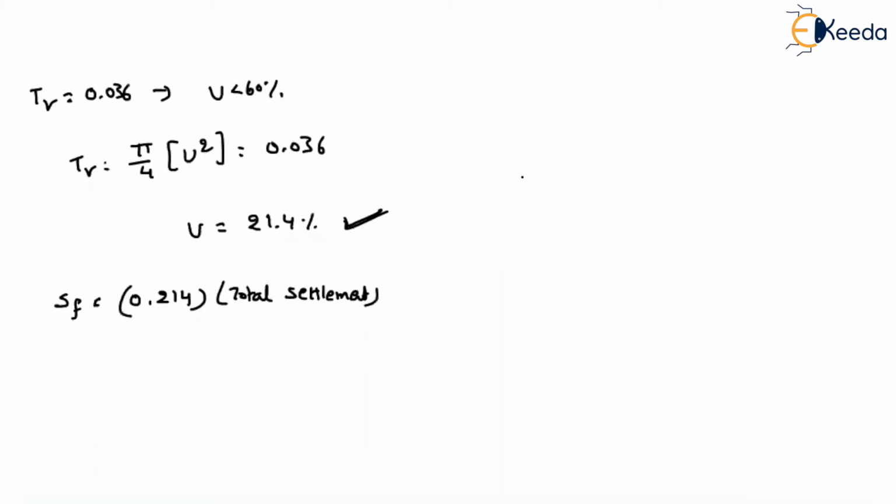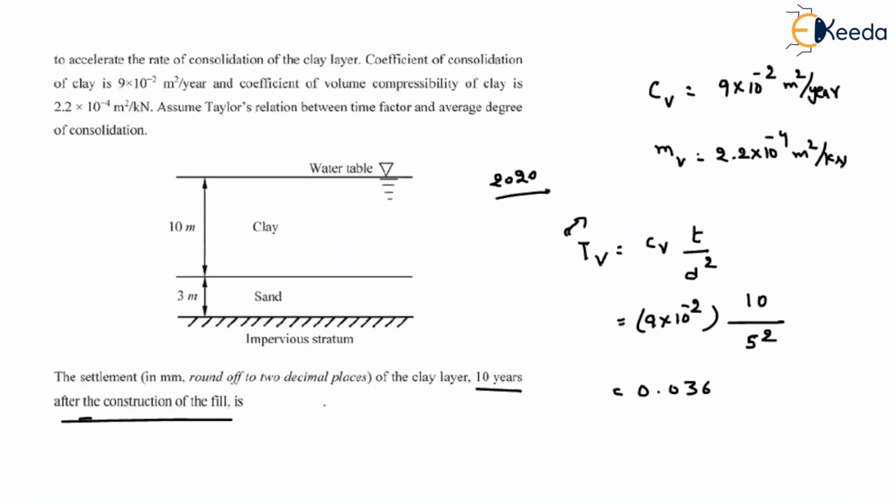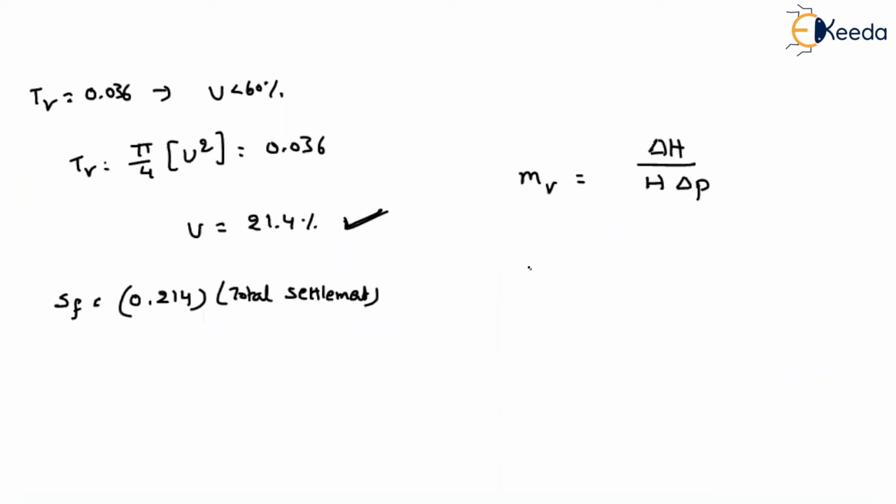What is the total settlement? Now they have given the volume compressibility. How can I write the volume compressibility? mv equals delta H by H into change in pressure. The volume compressibility is given as 2.2 into 10 to the power of minus 4. The change in thickness is nothing but the total settlement, delta H, divided by the thickness of the clay layer, 10, into the change in pressure.